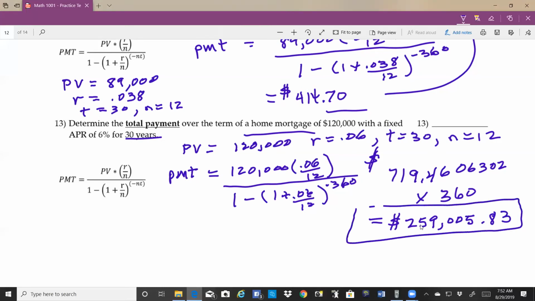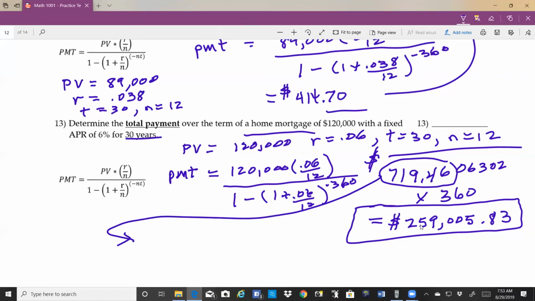Now, sort of interesting, and I'm not completely sure how the banks do this. If they did this calculation, they might say that your payment should be $719.46. If you multiply that times 360, you get $259,005.60 over the 30-year life.